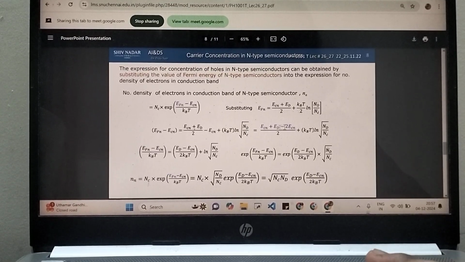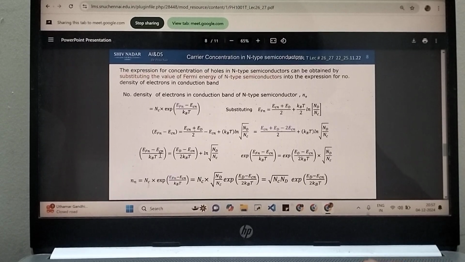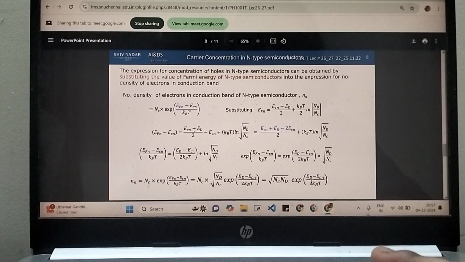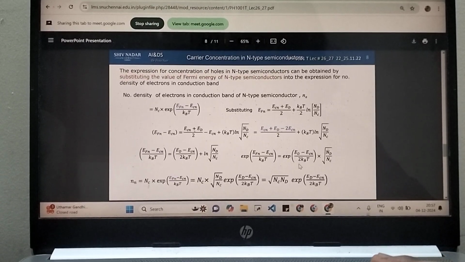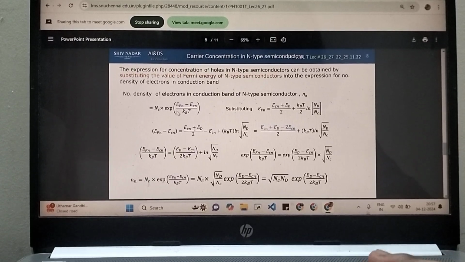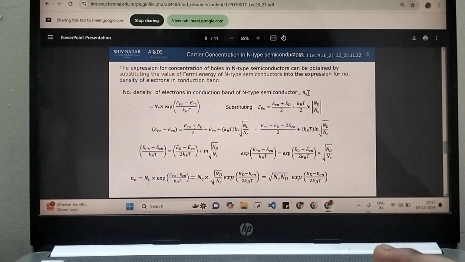You take the LCM at this point, and then you take kBT in the denominator, then you put e to the power and the ln gets cancelled, then cancelling of square root and Nc in the numerator. It's all just pure math. So finally what we started out to find out was the number of electrons in the conduction band.